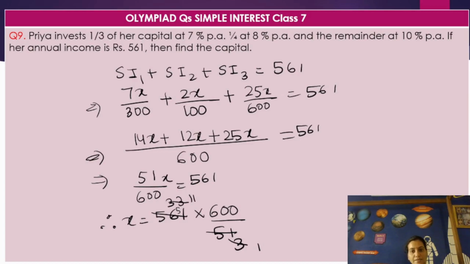So what remains here is 11 into 600 and the denominator becomes 1. So 11 into 6 is 66, and then 2 zeros. So the total income that she gets is rupees 561, and the capital that she has invested is equal to rupees 6,600.